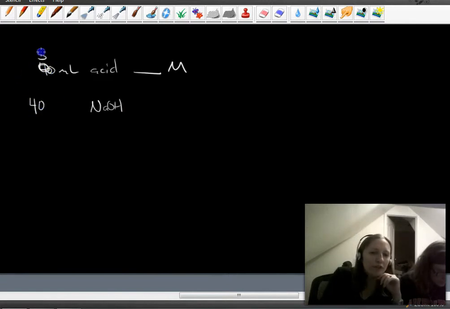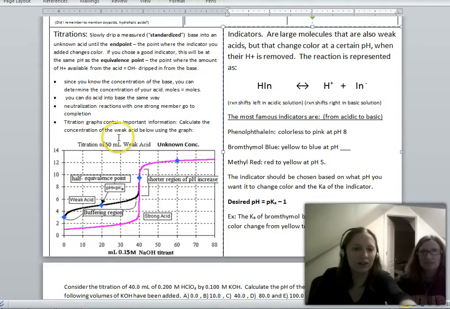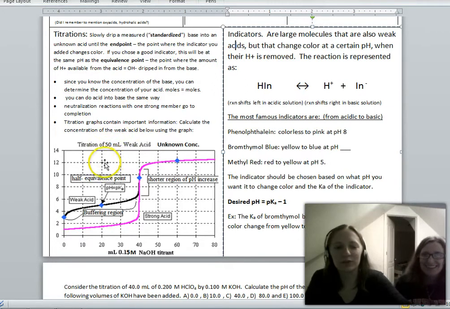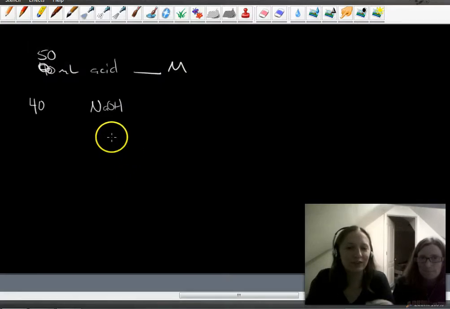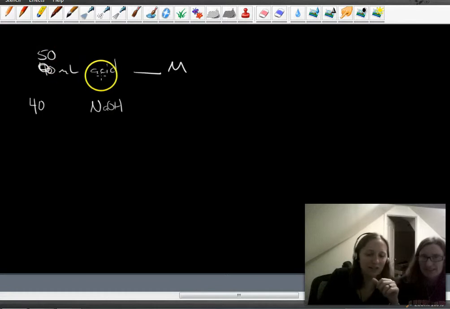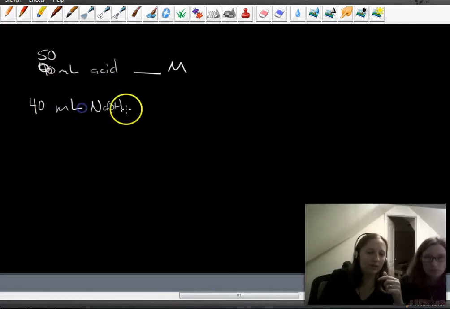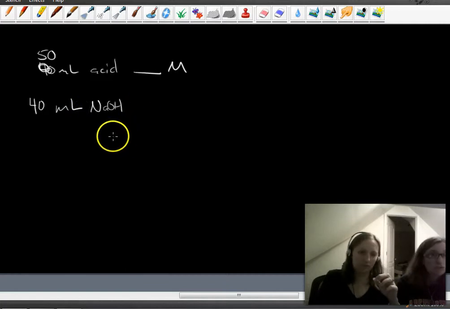No. 50 milliliters of acid. Sorry, I changed it on the notes. It says 50 here. Okay. Yeah, I printed out a different one for us to look at. So that's 50. Okay. 50 milliliters of acid, and 40 milliliters of base is the equivalence point. That's how much it took to neutralize the acid.